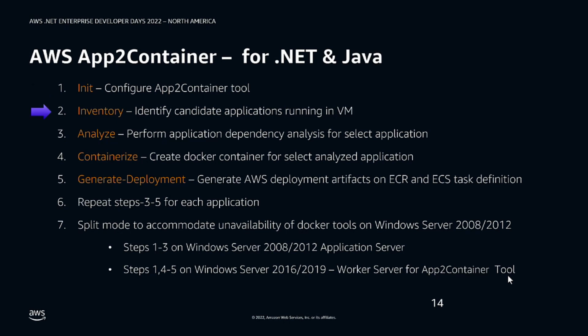Once you configure it, the next command is inventory. It identifies all running applications that are supported by App2Container, and you need to select the application which you want to containerize first.